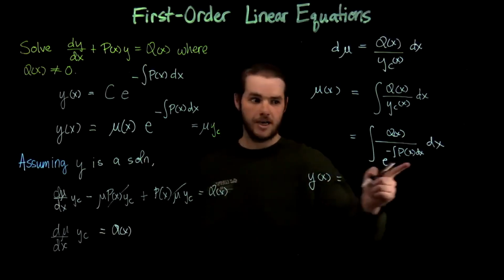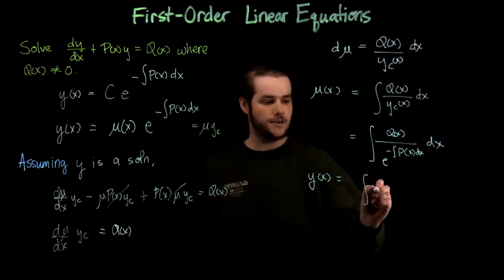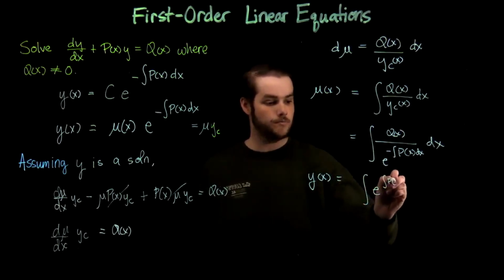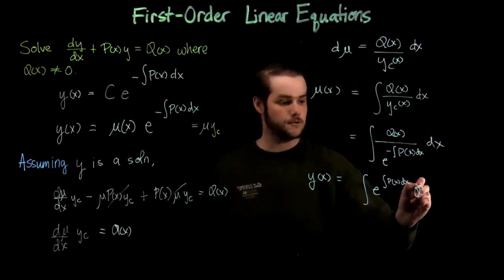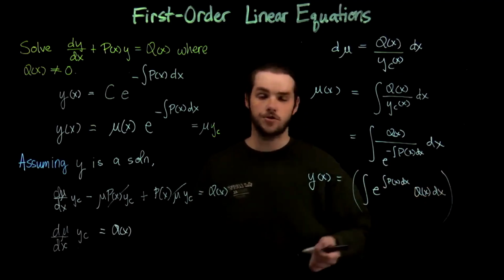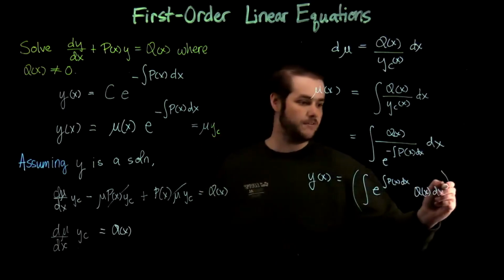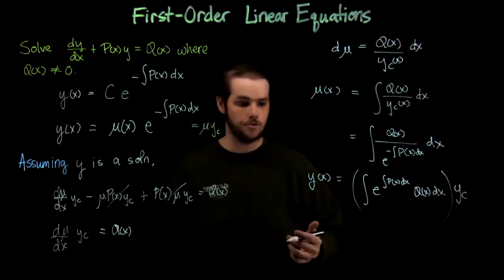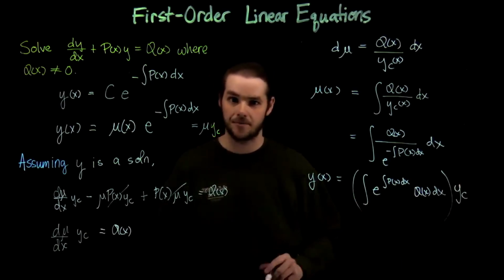Remember, we had mu of x, which is over here. That is the integral of e to the positive, if I flip it into the numerator, p of x dx times q of x dx. And it's this whole integral, that's mu of x, times e to the negative p of x dx, which is what we call the yc. So in other words, y should look like this guy times this guy.